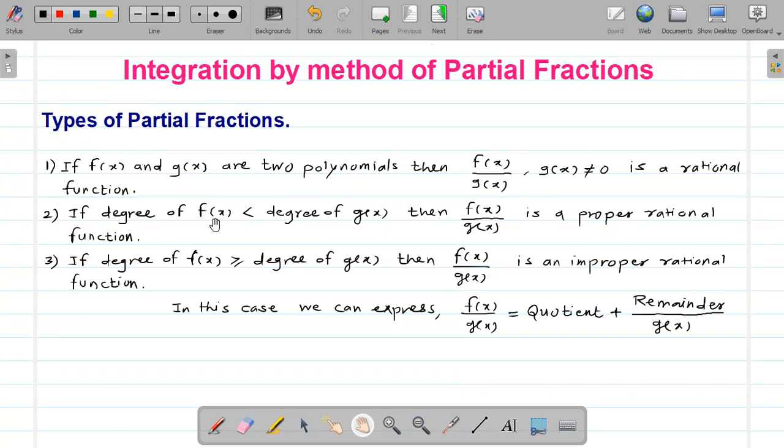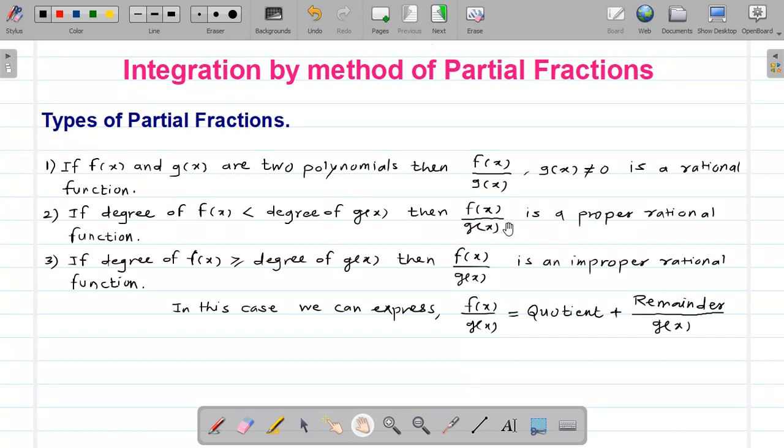So if the degree of the numerator, that is the degree of f of x, is less than the degree of g of x, then that rational function f of x upon g of x is called a proper rational function. Remember the word proper rational function.